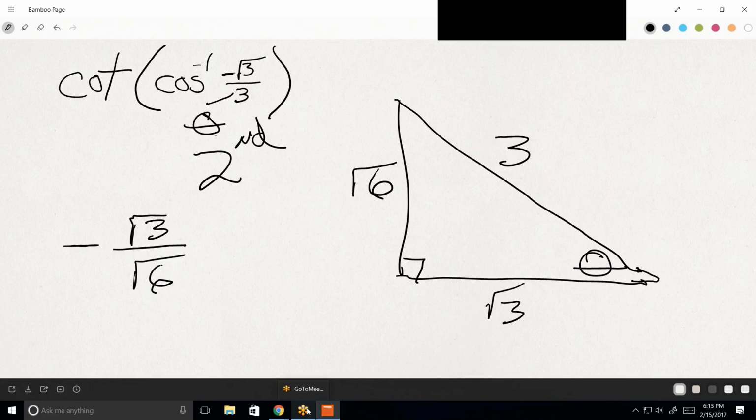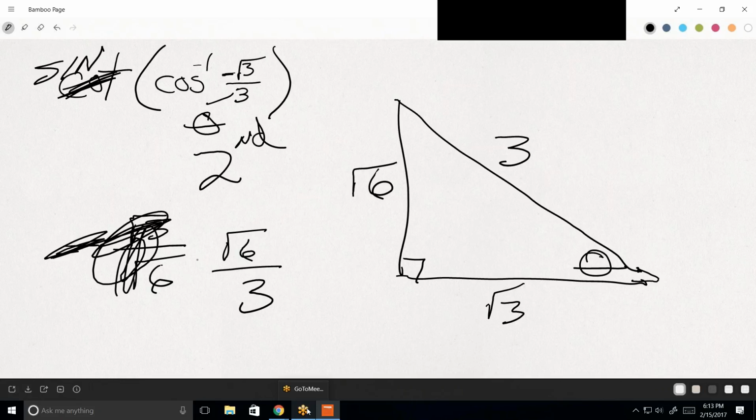By being second quadrant, if they wanted the sine of that instead of the cotangent, it's going to be positive. Sine is positive. In other words, even though I still have the negative sign in front of the root 3, the sine is now going to be root 6 over 3, and it's positive because it's second quadrant.